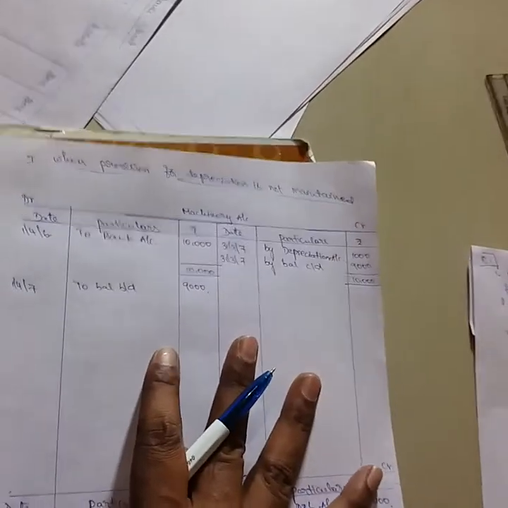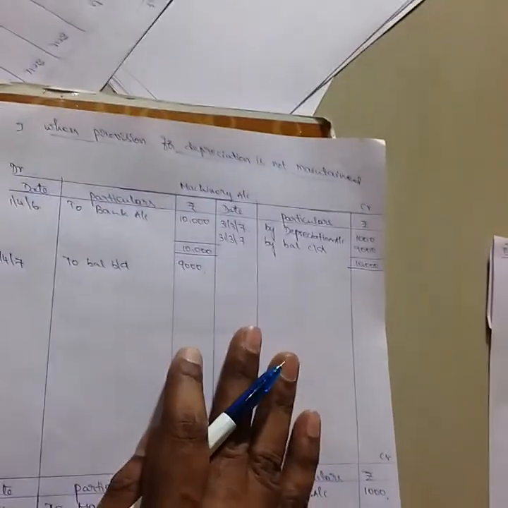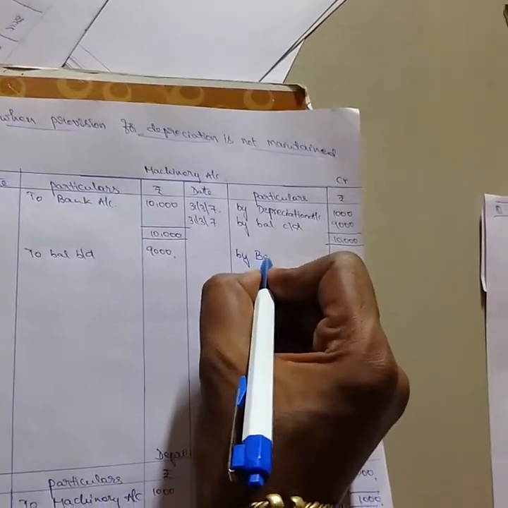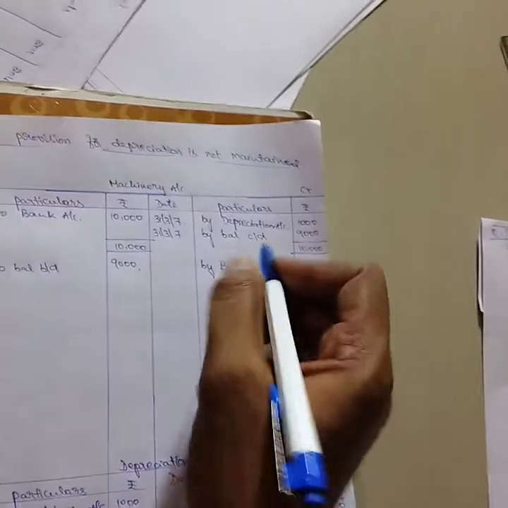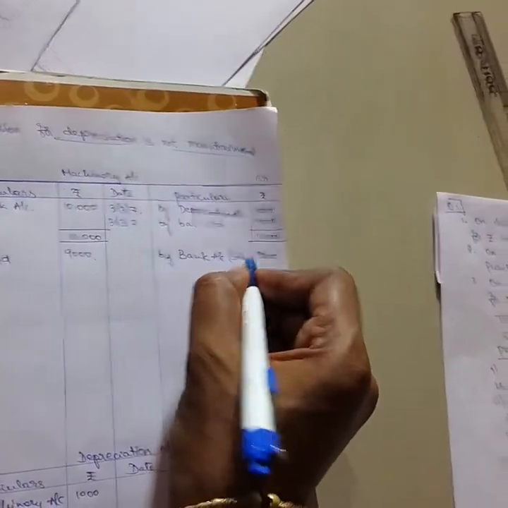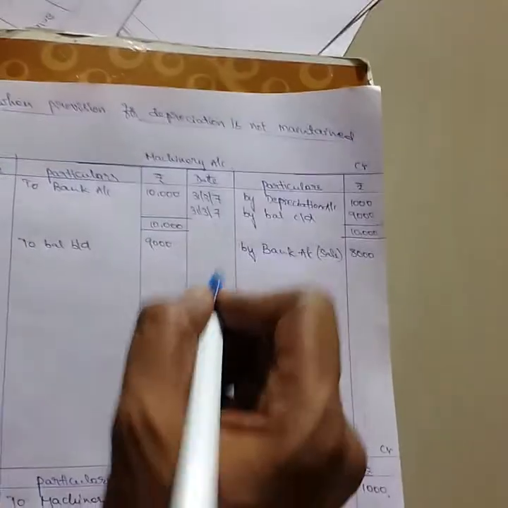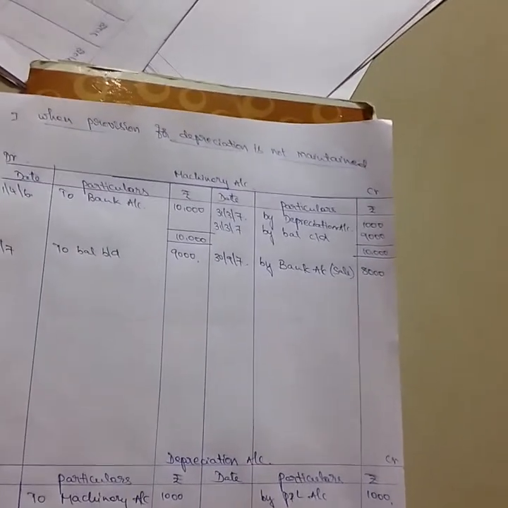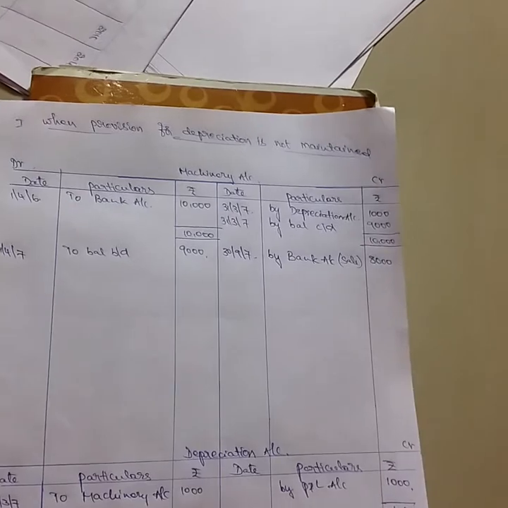For the sale of the asset, the journal entry is cash or bank account debit to asset account. Cash or bank account debit, asset account credit side by bank account. It is sold for 8,000. This is for the sale on 30/9/2007. I told you that from the sale we may get profit or we may get loss. So to calculate profit or loss, one should find out the book value of the asset.